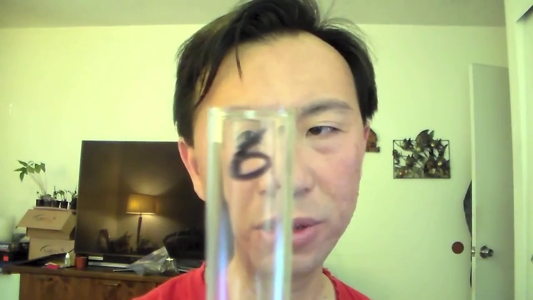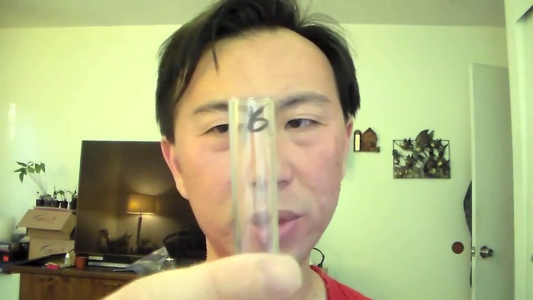This is test tube 6. So test tube 6 smells like some sort of artificial cherry. Not too sure if it is or not, but it smells like artificial cherry.